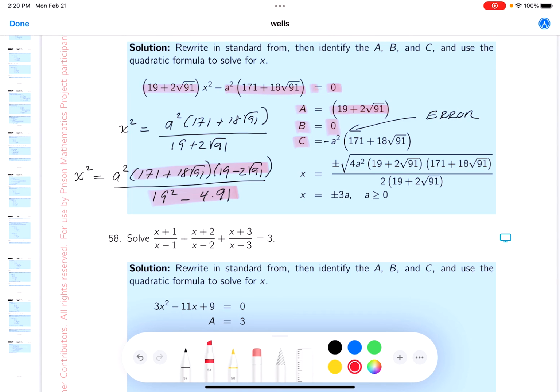171 plus 18 star root 91, SQRT 91, times 19 minus 2 star the square root of 91. And yes, I'm typing this into a computer as we speak.